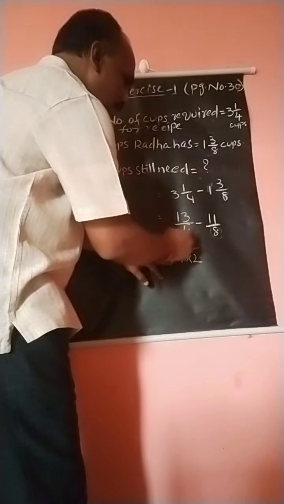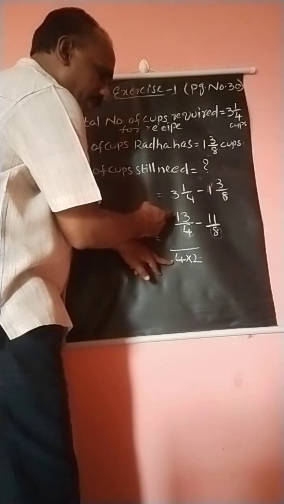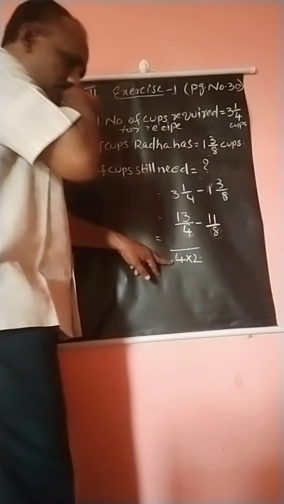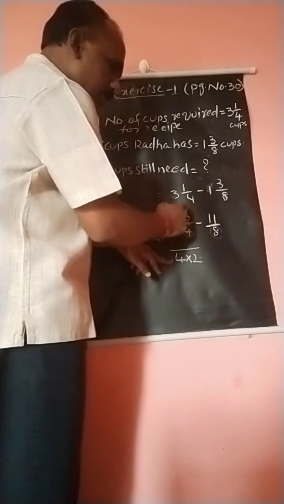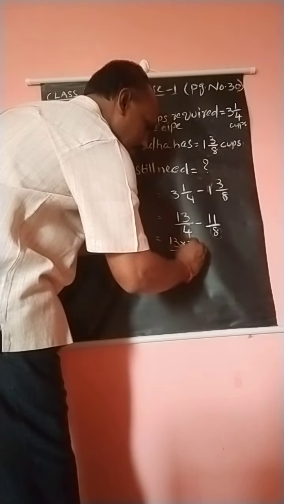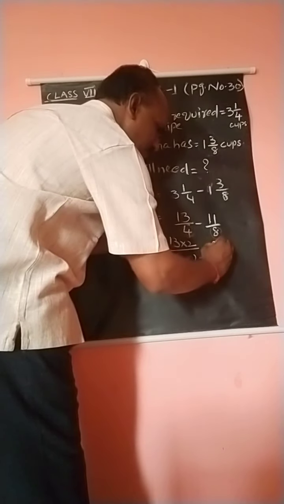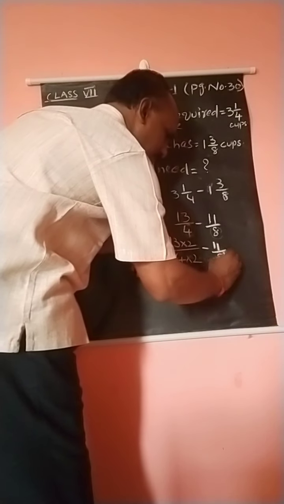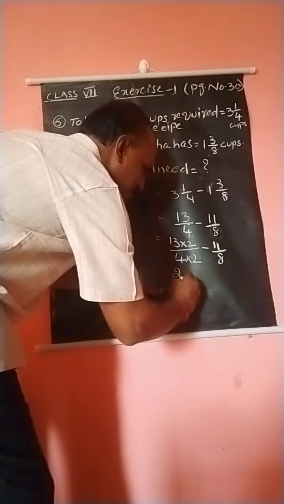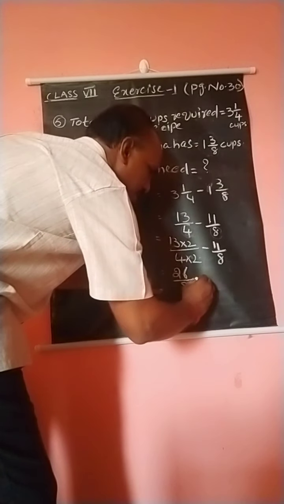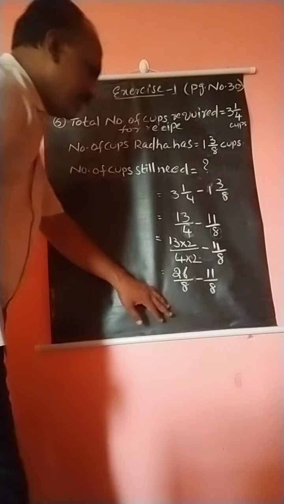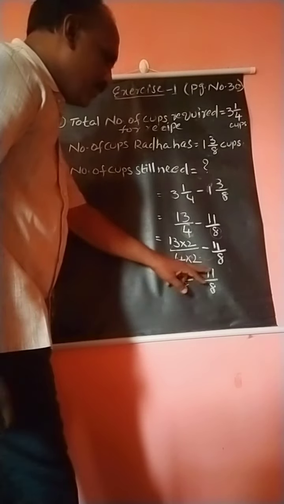If you want to write the equivalent fraction, whatever number you multiply the denominator by, the numerator should also be multiplied by the same number. 13 into 2, minus the same fraction 11/8. 13 2s are 26, so 26/8 minus 11/8.